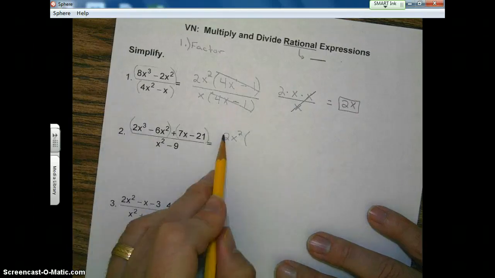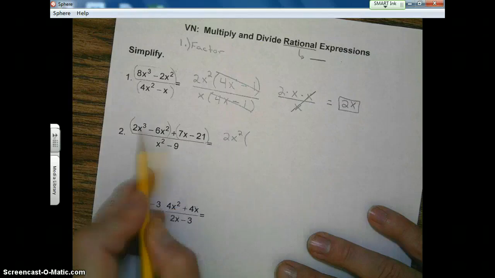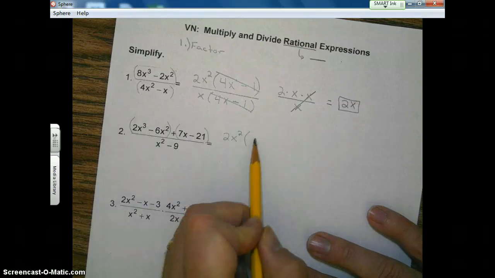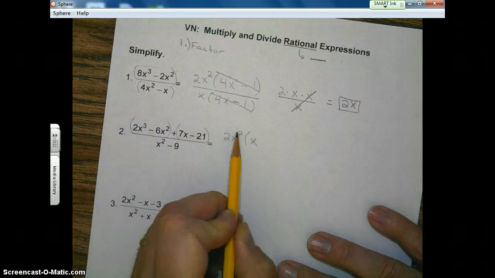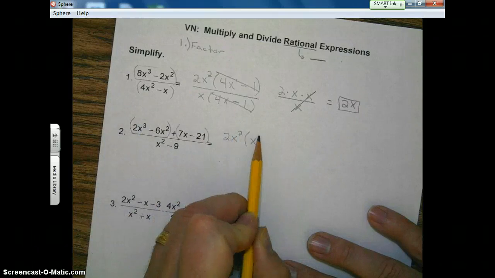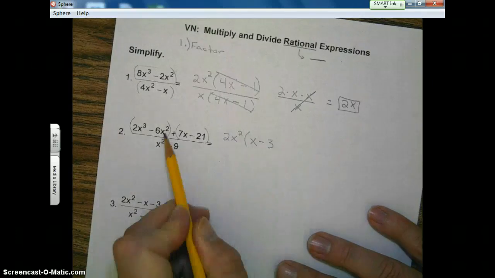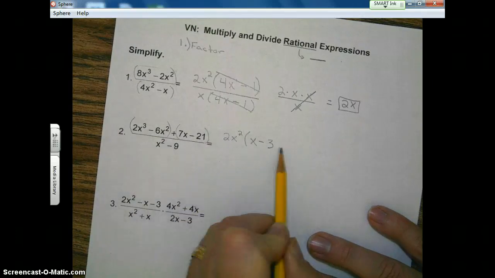So 2 divided by 2 is 1. X cubed divided by x squared is x, because remember 3 minus 2 is 1. Minus comes over. 6 divided by 2 is 3. And x squared divided by x squared is 1.